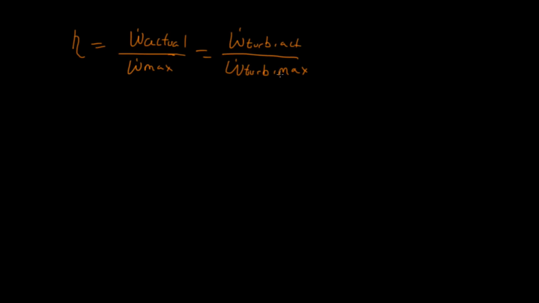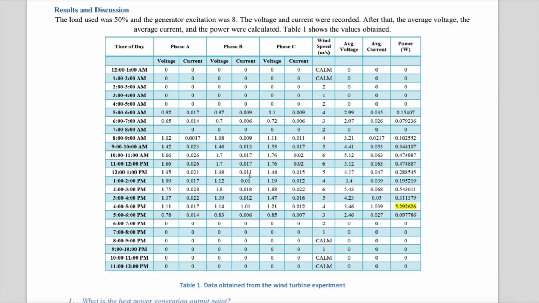If we look at our data over here, we can see that between 4 and 5 p.m. is when we had our highest output. And this is the number we're going to use. We want to look at the system when it's theoretically working at its maximum. So, for example, we don't want to look between 8 and 9 p.m. because there was absolutely no wind here, and this tells us absolutely nothing about our system.